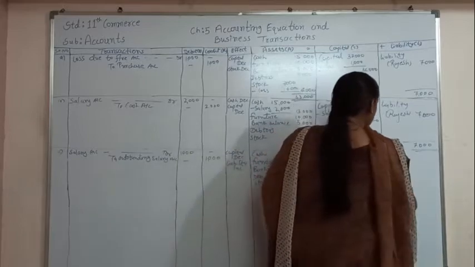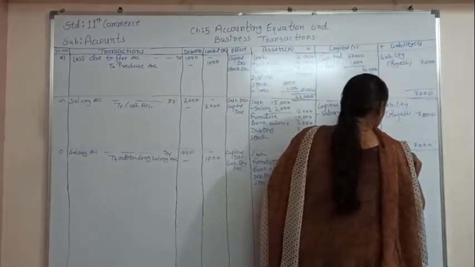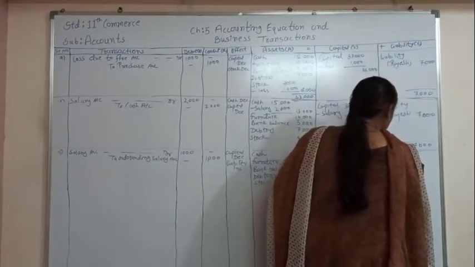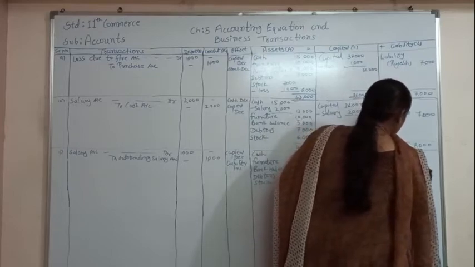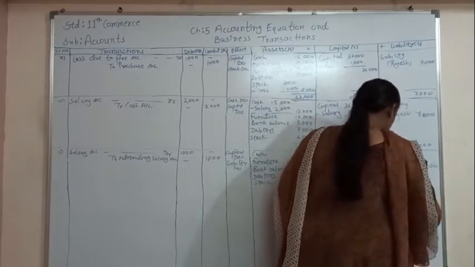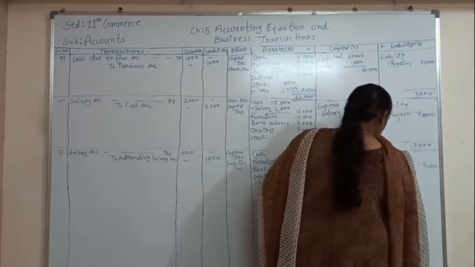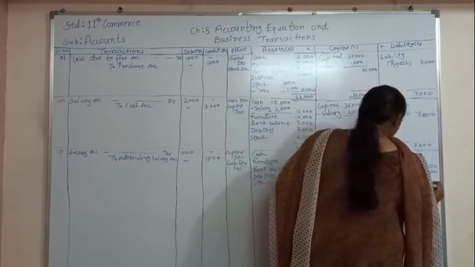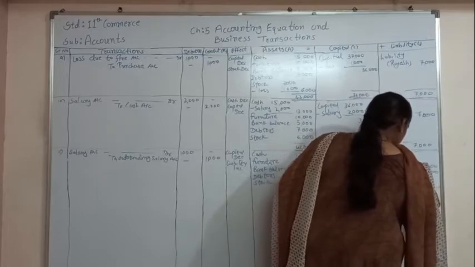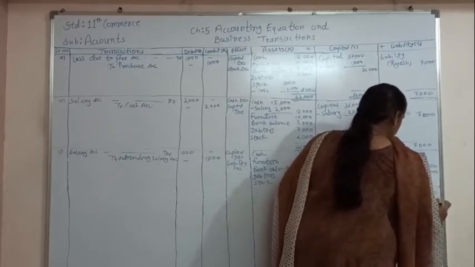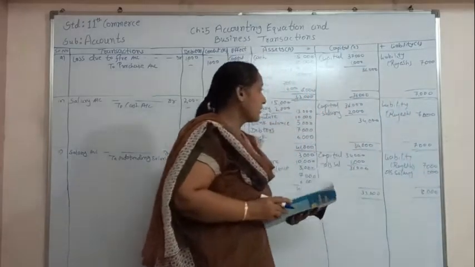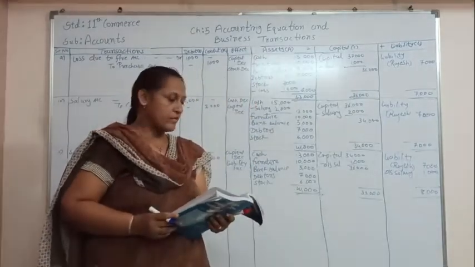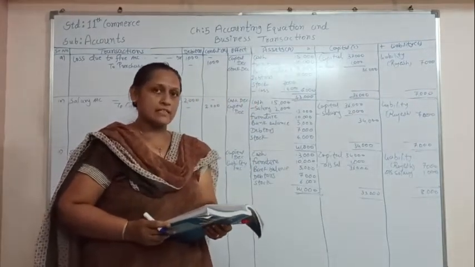Here liability of Rajesh will be 7,000, and here another liability is outstanding salary, and that will be 1,000. So total of liability will be 8,000. So you may note down this, then we are going to see the next transaction.